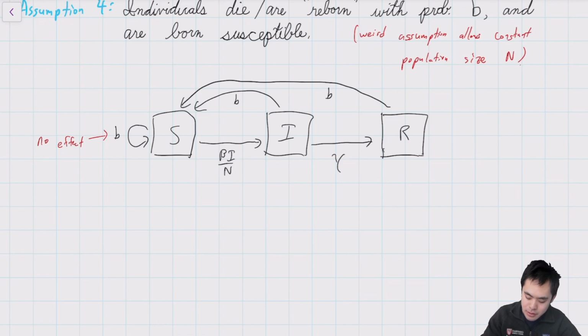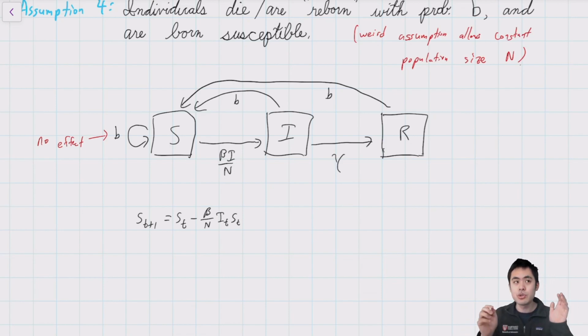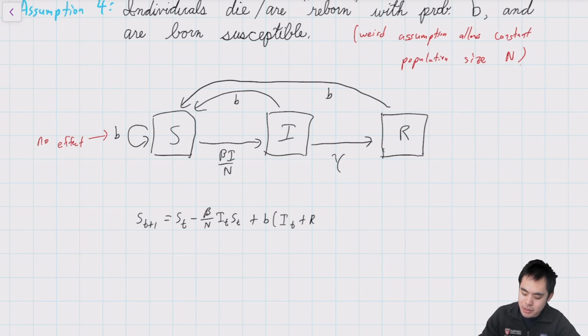So s sub t plus 1 is going to be equal to s sub t minus beta over n I sub t s sub t. This is the usual thing. But we're also going to get an additional source of susceptible individuals, and this is going to be b times I sub t plus r sub t.